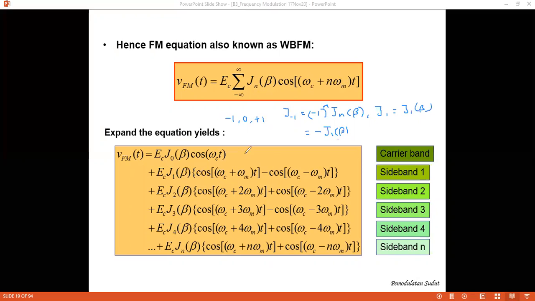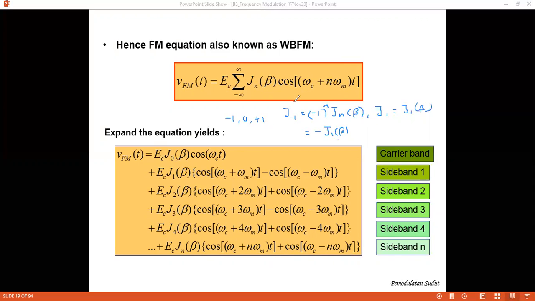If it's -1, then we have EC J1 beta, with a negative sign, cos of omega c minus omega m t. This accounts for the J minus 1. For the positive one, it's EC J1 beta cos of omega c plus omega m t.